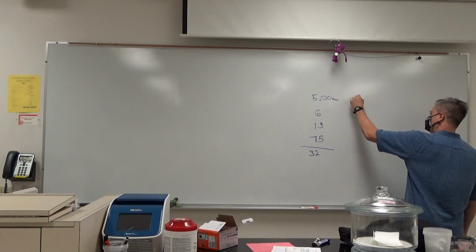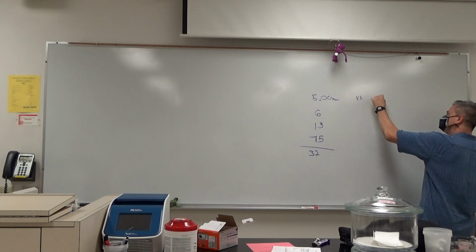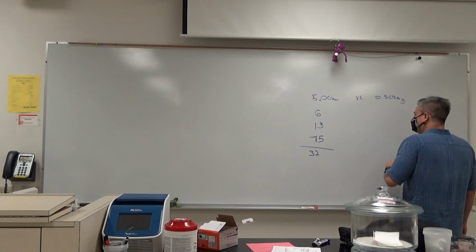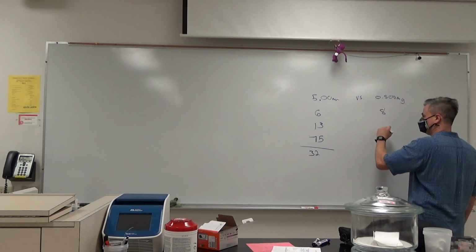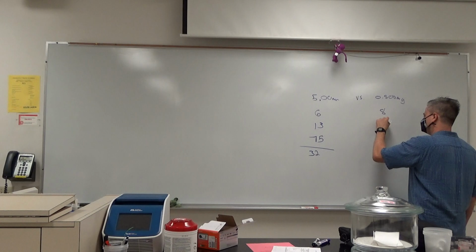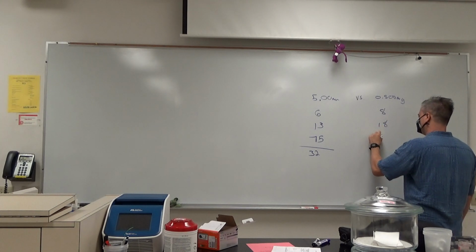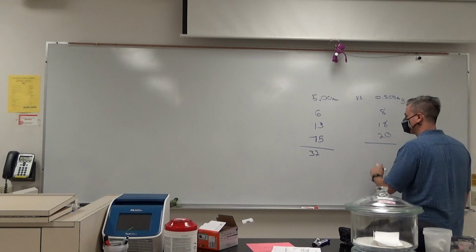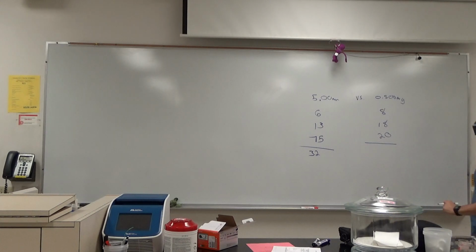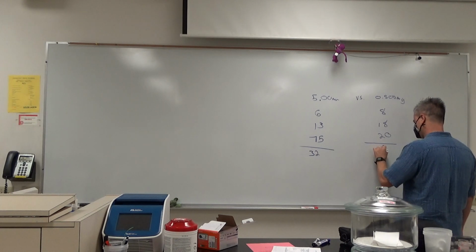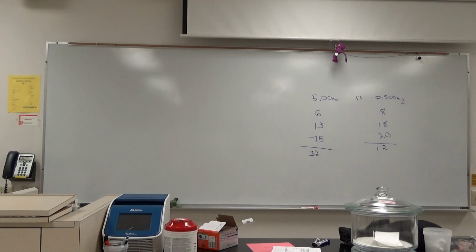So next we want to compare it to 0.5 milligram. And these folks had 8, and they had 18, and they had 20. All right, so what does that mean?